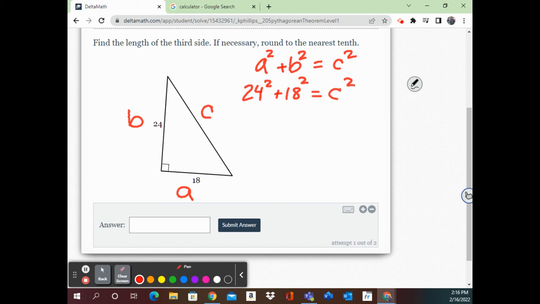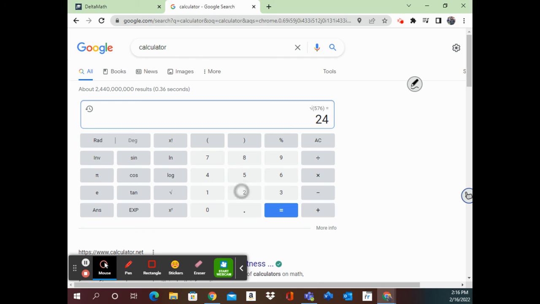In this instance, it doesn't matter if you put the 24 or 18 first because we will be adding them. So I'm going to go ahead and find out what 24 squared is. That's 576. I'm going to find out what 18 squared is. That's 324.